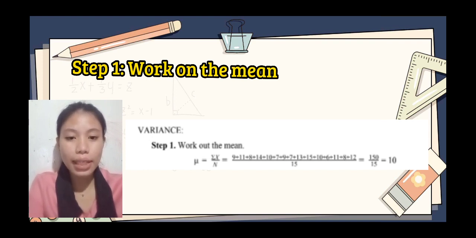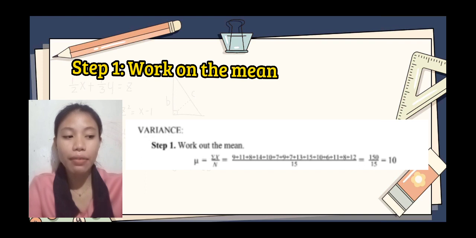So mean equals sum of x over N equals 9 plus 11 plus 8 plus 14 plus 10 plus 7 plus 9 plus 7 plus 13 plus 15 plus 10 plus 6 plus 11 plus 8 plus 12 divided by 15 equals 150 over 15, since 15 is the total number of scores. So 150 divided by 15 equals 10. Therefore, the mean is 10.